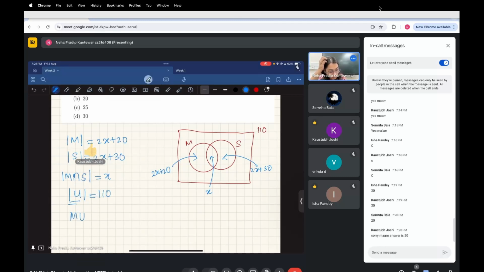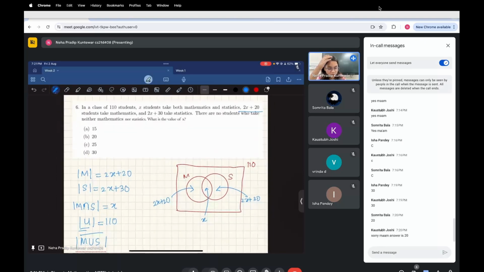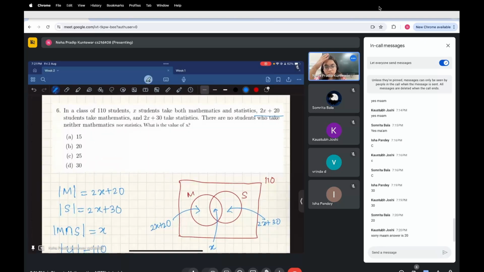Now the question is, what is the cardinality of the complement of M union S? Notice that we mentioned in the question that there are no students who take neither mathematics nor statistics. So the area which is outside the union of the sets would be empty. So what would be the cardinality of this set?